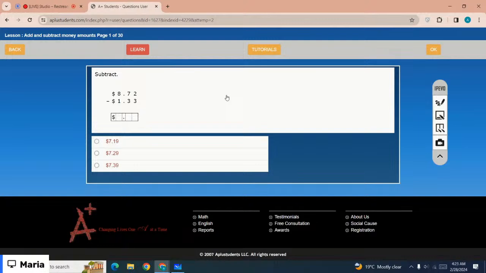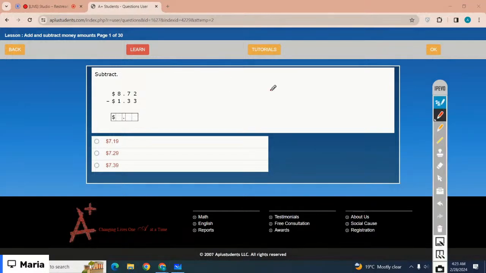8.72 take away 1.33. So which is the correct option? You have to subtract the money amounts like you subtract the normal numbers, right? So that is 8.72, take away 1.33, right? So you have to do 2 take away 3, but you cannot subtract a greater number out of the smaller one. You need to borrow 1.